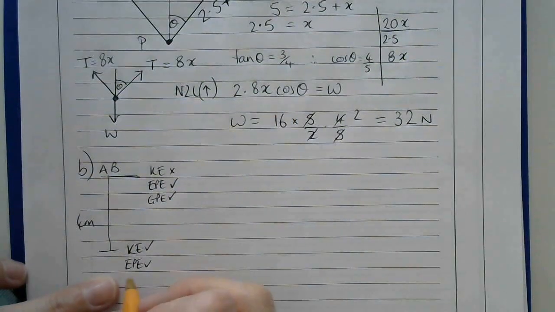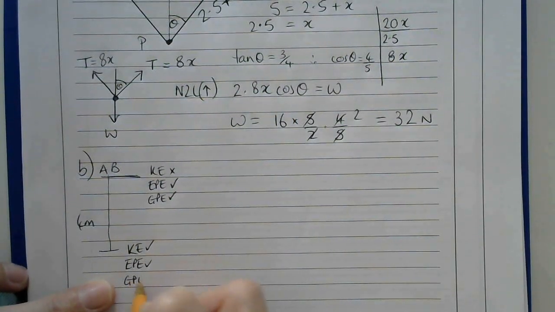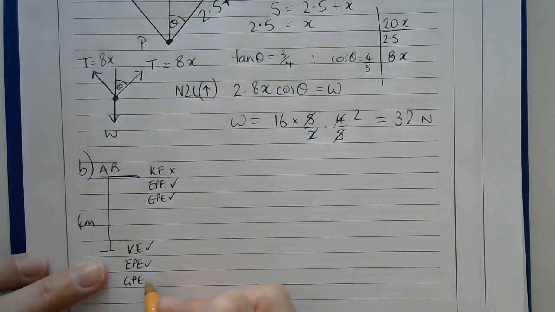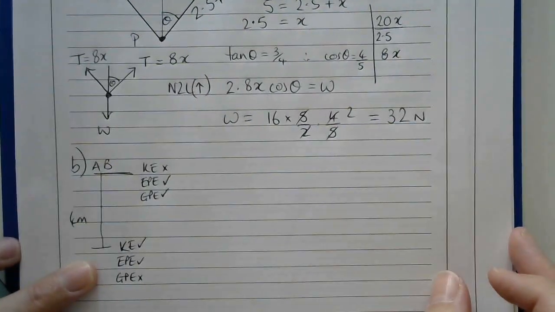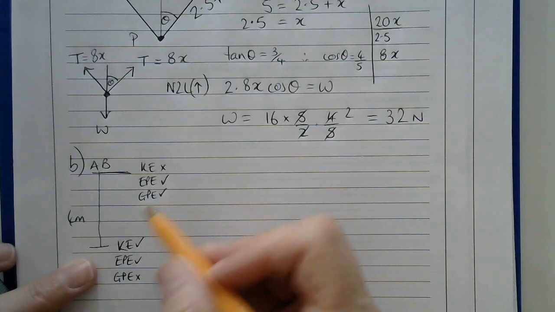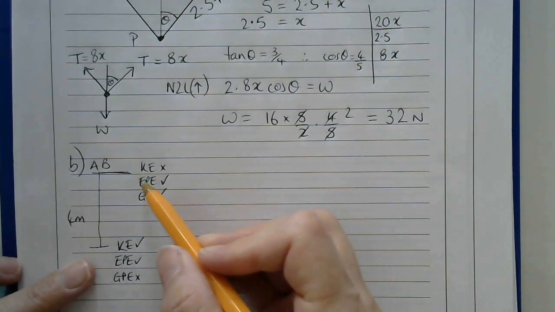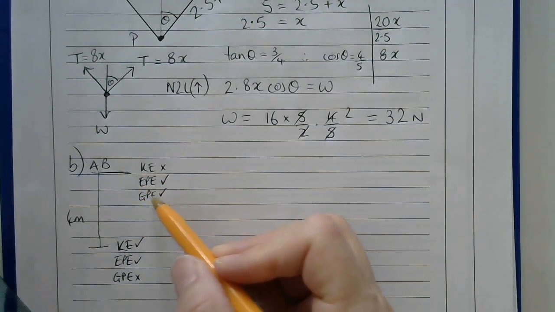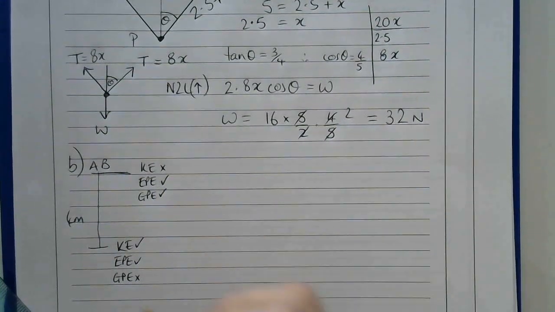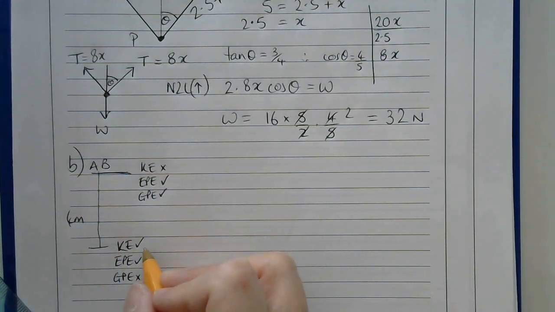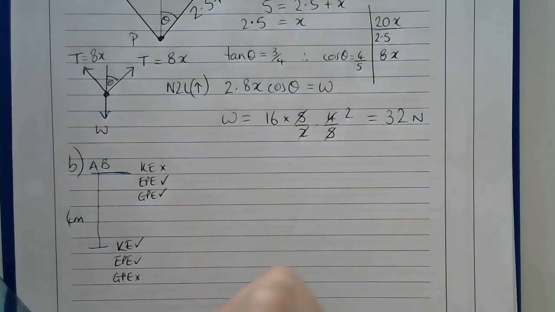And then if we take there to be no gravitational potential energy when it's at the bottom here, so I'll do conservation of energy. So the elastic potential energy and the gravitational potential energy at the top will be equal to the kinetic energy and the elastic potential energy at the bottom.